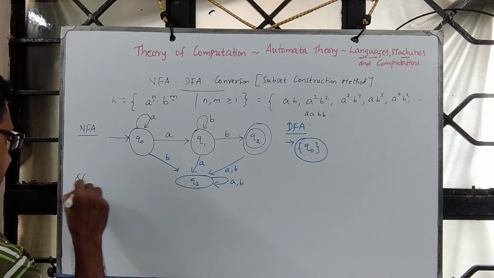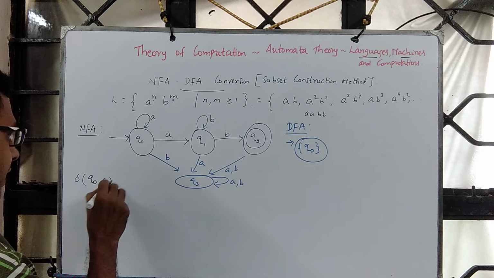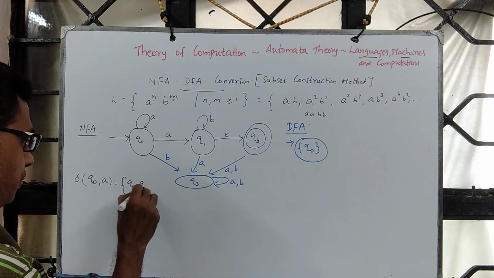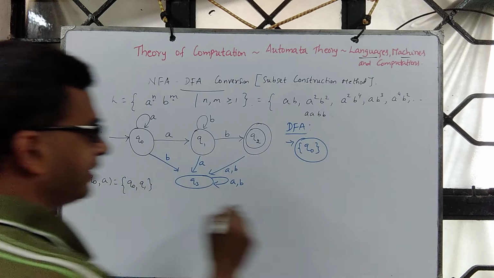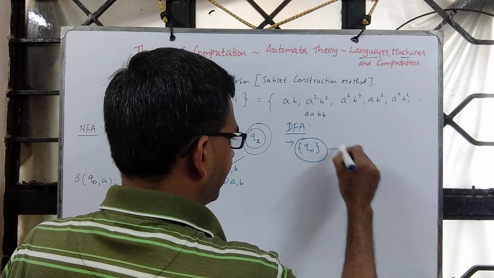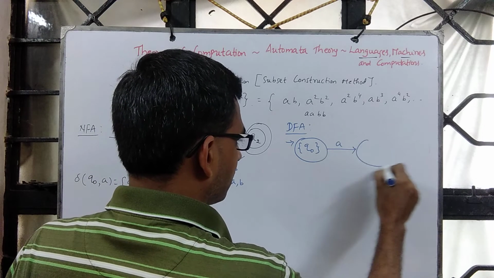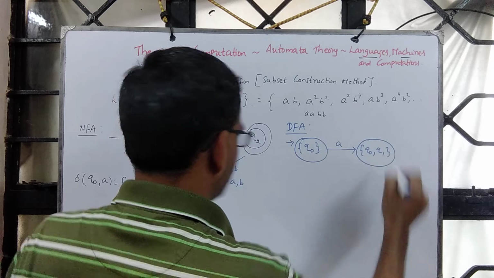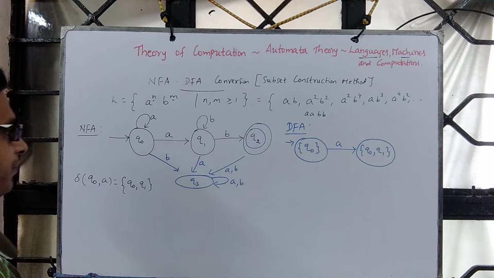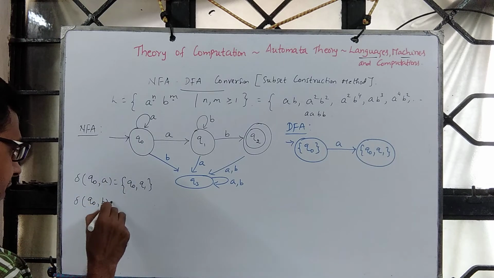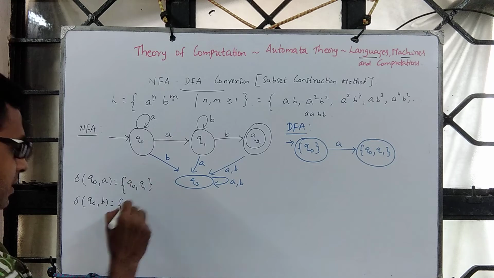Let's look at delta of Q0 comma A. Q0 comma A says Q0 comma Q1, which means we obtain a new subset. So on reading A, we go to a new subset Q0, Q1, and delta of Q0 comma B is Q3.